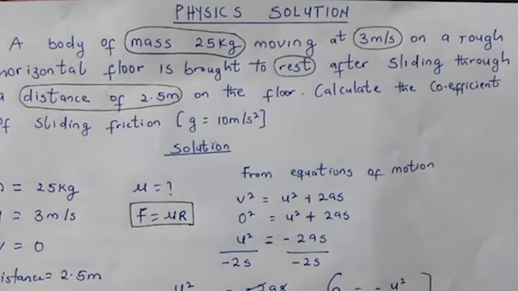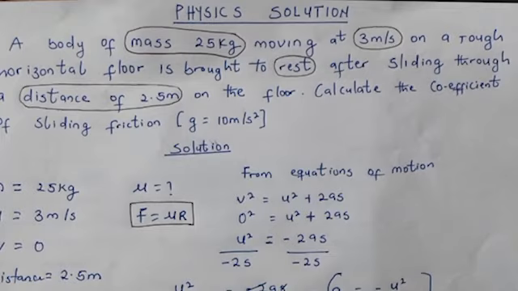Welcome back. This is the second question which we'll be solving today. The question says that a body of mass 25 kilogram moving at 3 meters per second on a rough horizontal floor is brought to rest after sliding through a distance of 2.5 meters on the floor. Calculate the coefficient of sliding friction.